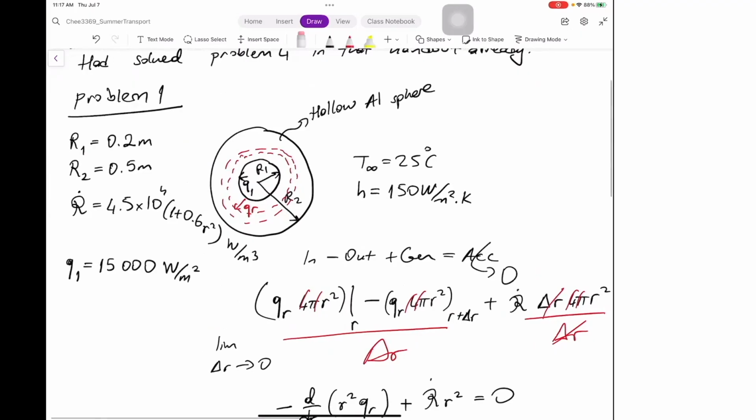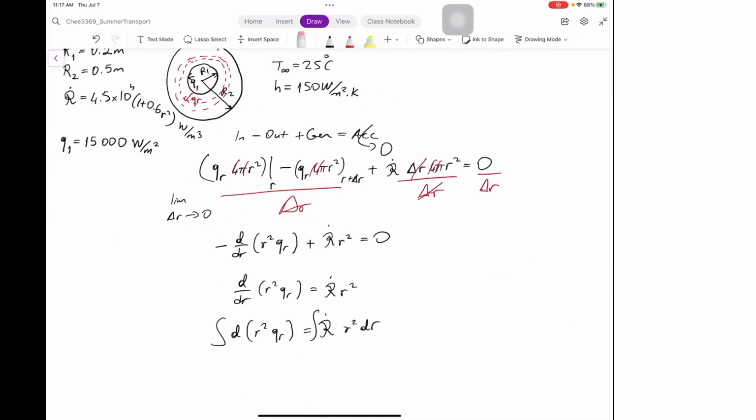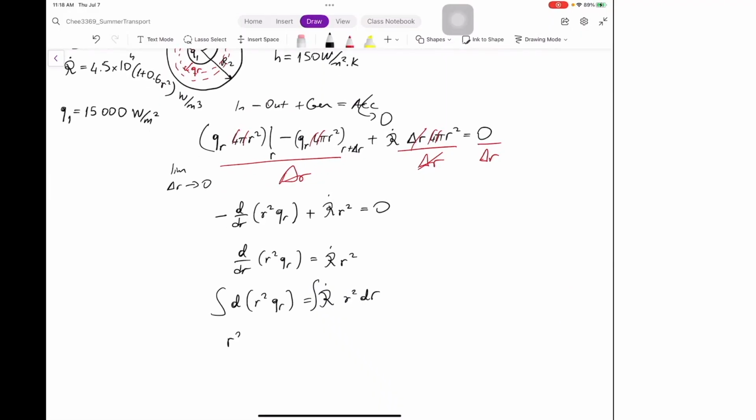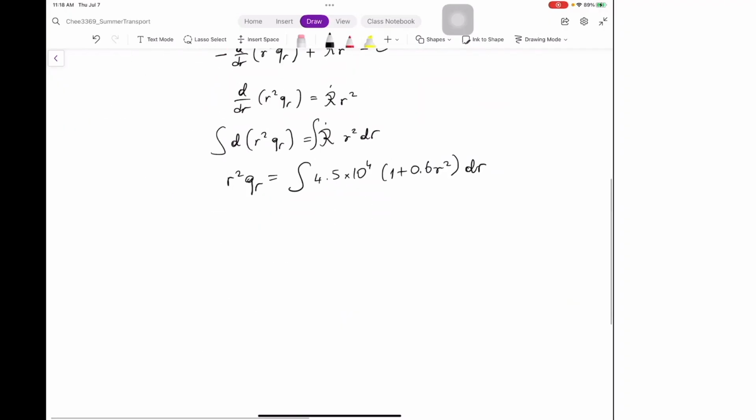Fancy R dot is 4.5 times 10 to the 4 times (1 plus 0.6 R squared), correct? dr. There you go. Plus C.